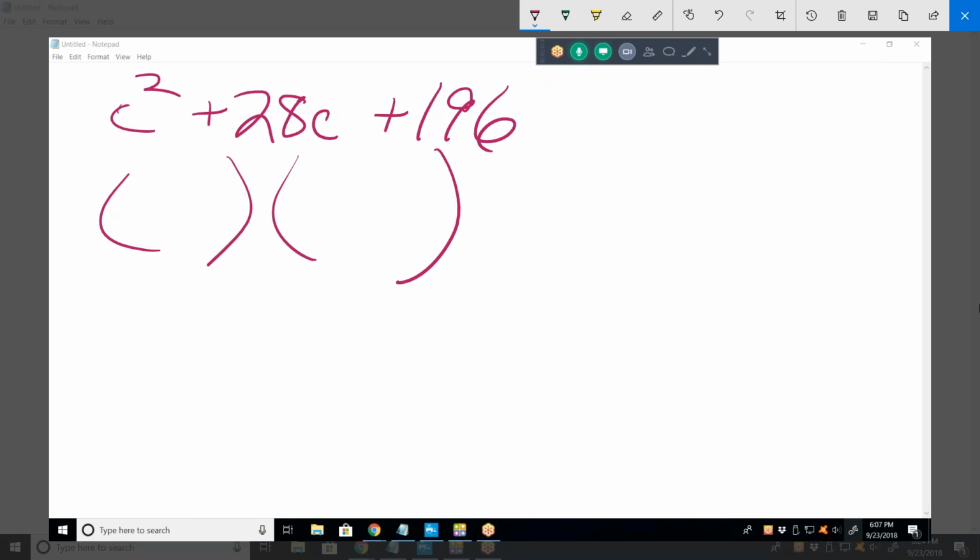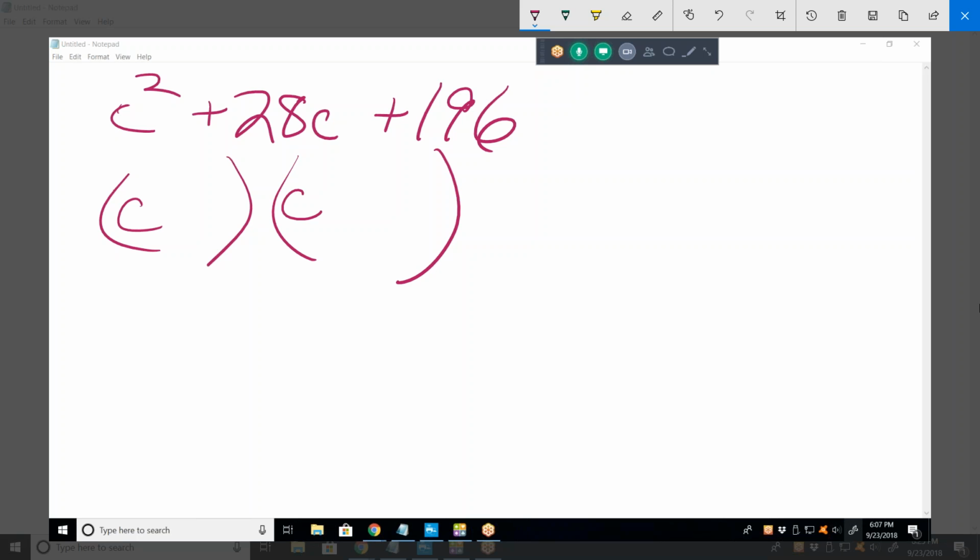First step in factoring any quadratic. What's the first step? Tell me the first step. Split up the c squared. That's the first step.